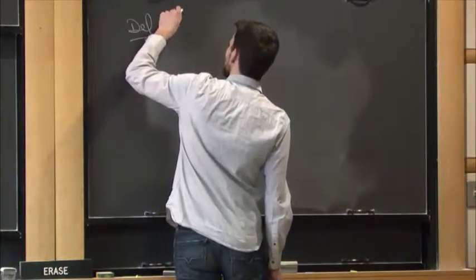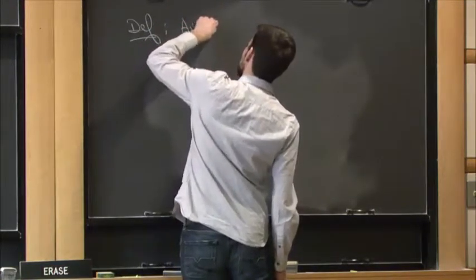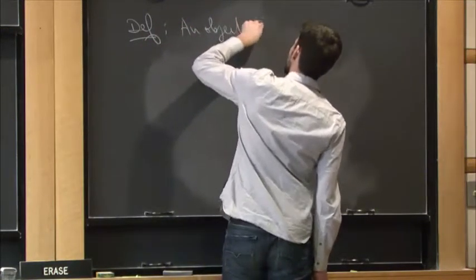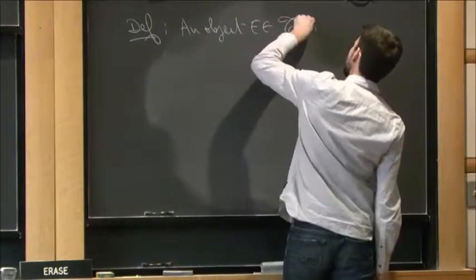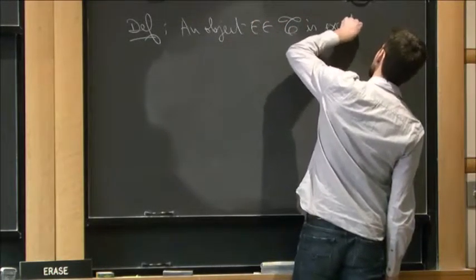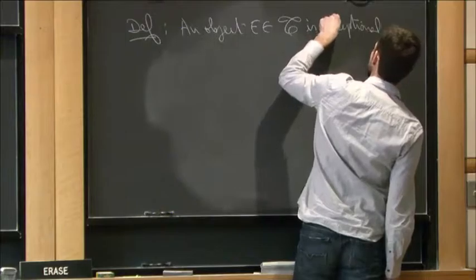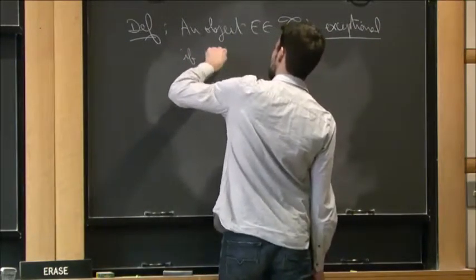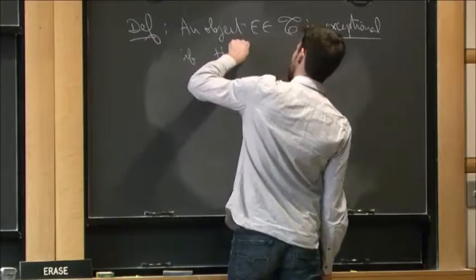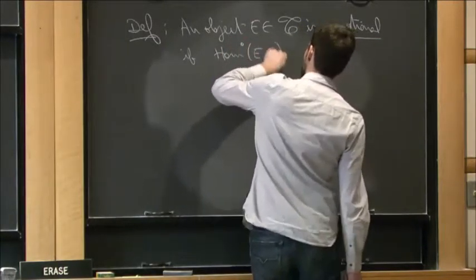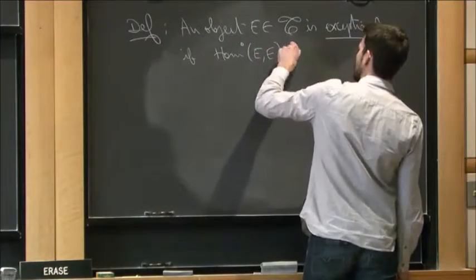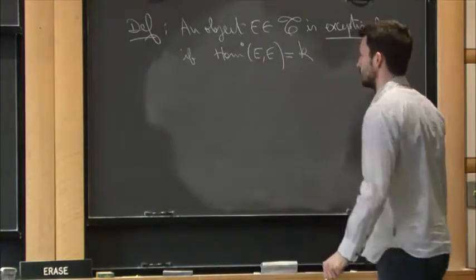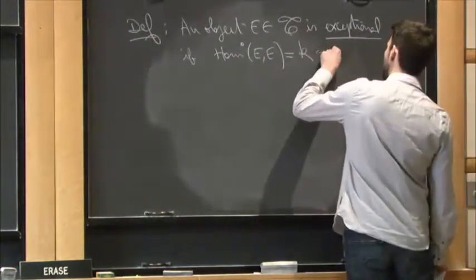An object E in T is exceptional if Hom star of E, E is k in degree 0.